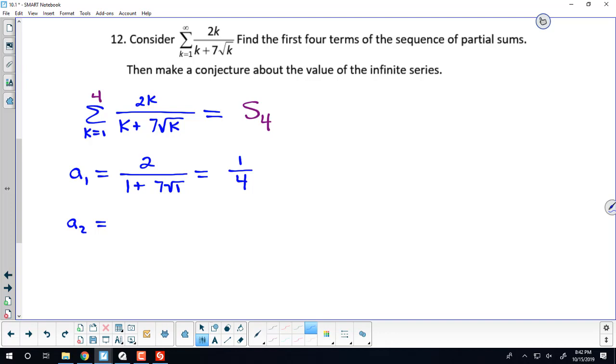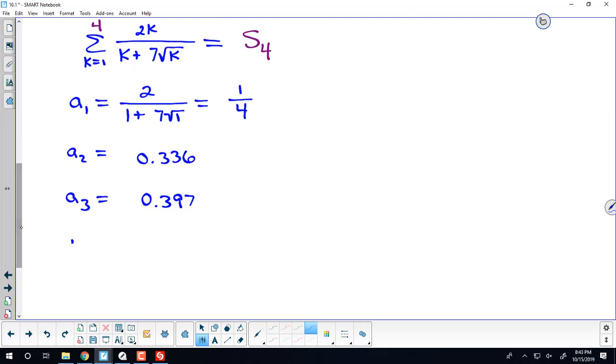Since we're running a little behind, I'm just going to write these out. a sub 2 is about 0.336. The third term of the series is 0.397. And the fourth is, I don't know, 4 over 9. You can actually compute the square roots of some of those.